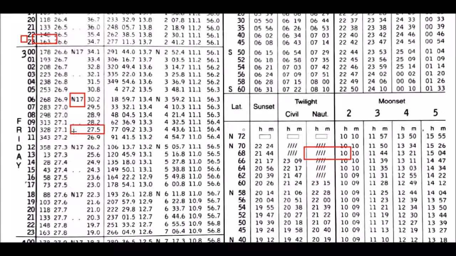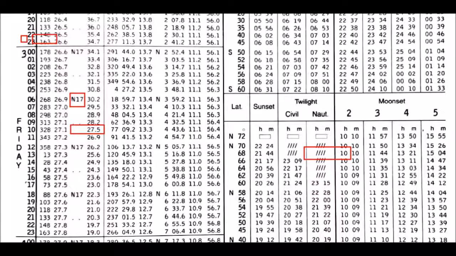So the declination is north 17 degrees 28.2 minutes. We are checking the previous value.